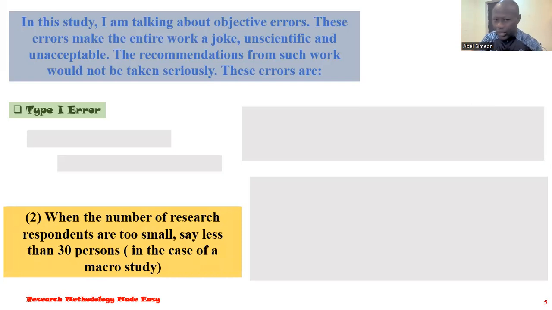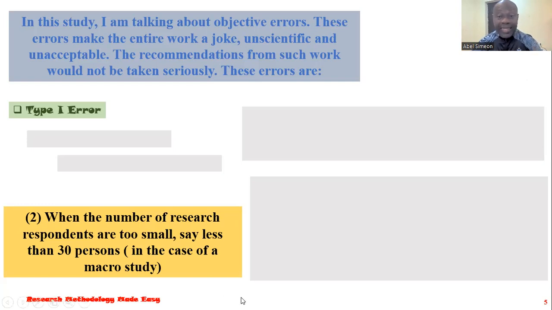Now, if the banks within your community are just 5, if there are only 5 banks within your geographical scope where you're studying, then you should look for 30 or more respondents within the banks to question about the subject under review.